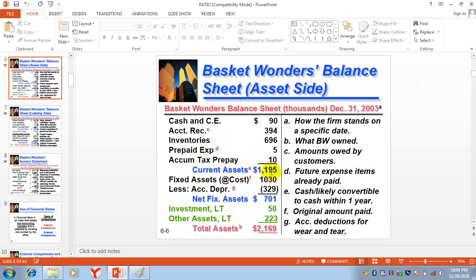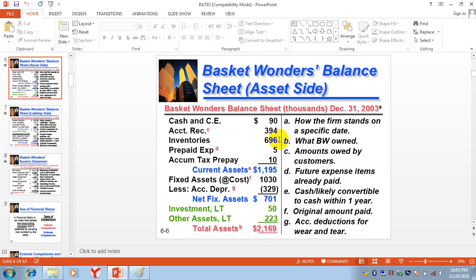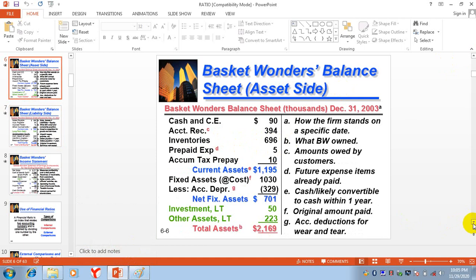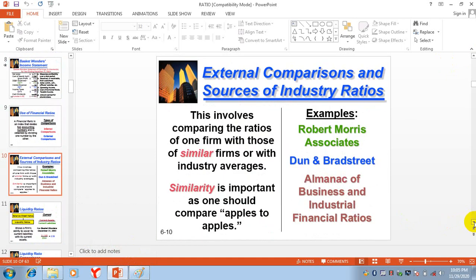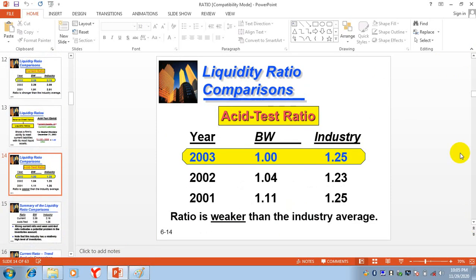These are our current assets 1195, and these are our current liabilities 500, and this is inventory. Check this. This is inventory 696. So don't think that there is a problem with me. I'm just taking the values from the balance sheet.